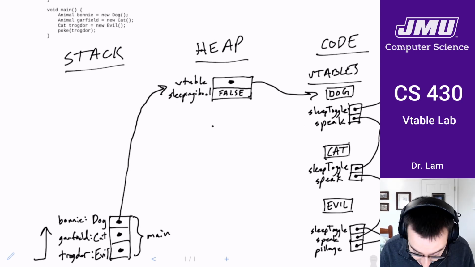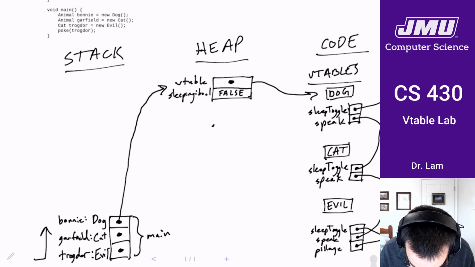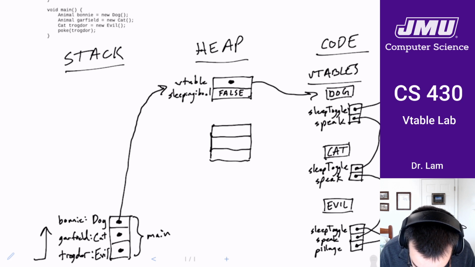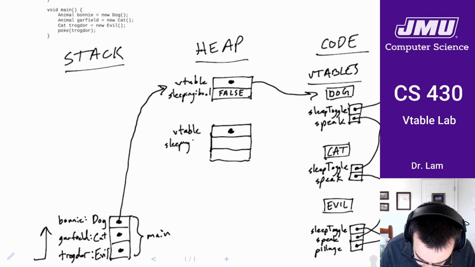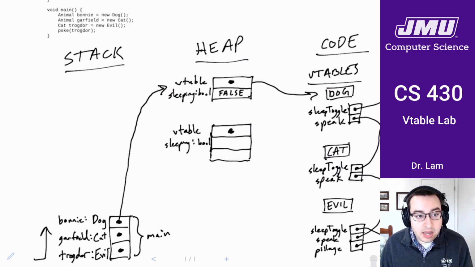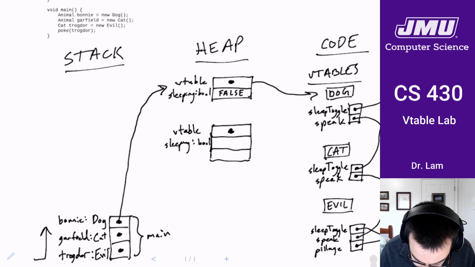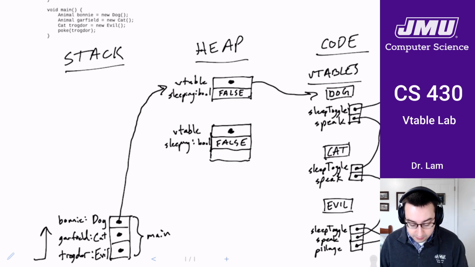This is going to have three things in it. So we'll want to draw it a little bigger. It's going to have the virtual table pointer. It's going to have sleeping, which again is a Boolean that begins with false, just like it did for the dog.